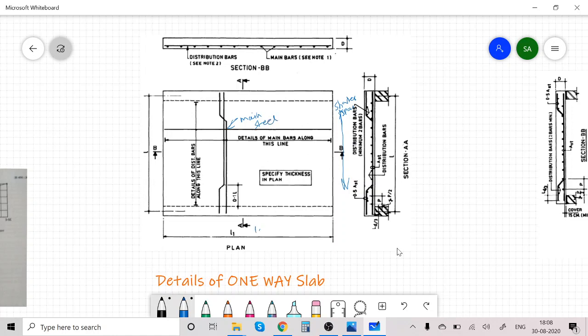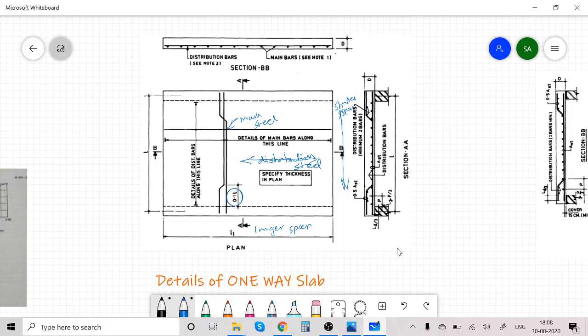This is the longer span. So the distribution steel is provided along this longer span. This is distribution steel along longer span. The main steel is bent at a distance 0.1 L.